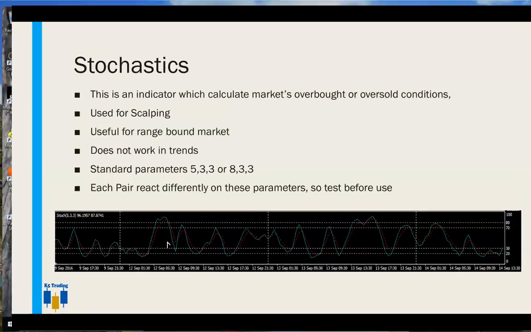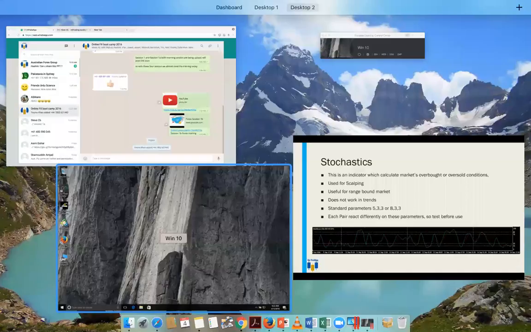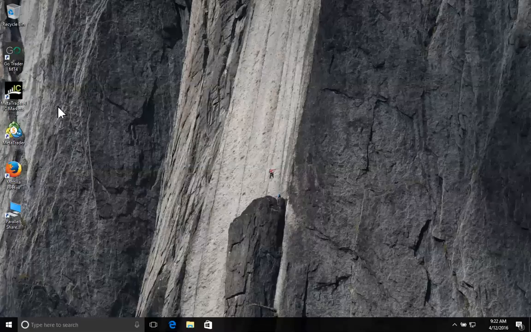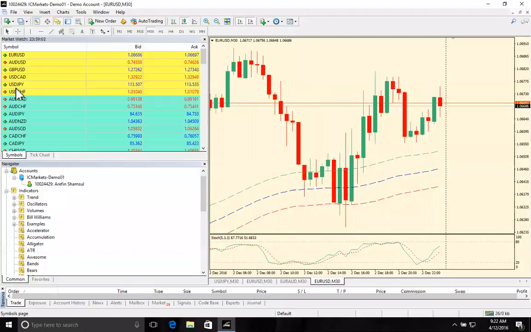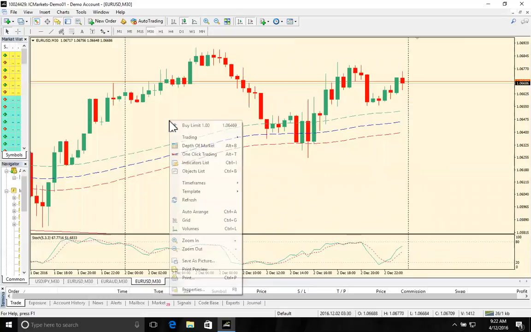So I think that's started now. So let's launch MetaTrader. Okay, so the way everybody knows how I set up this chart, so let's put the indicators first and see how they are reacting.